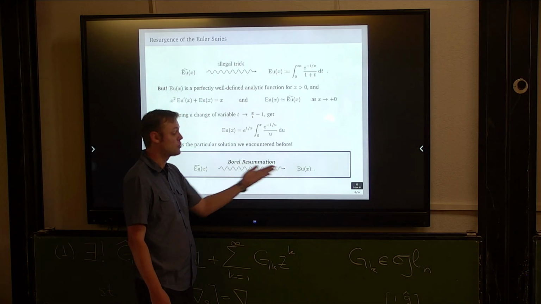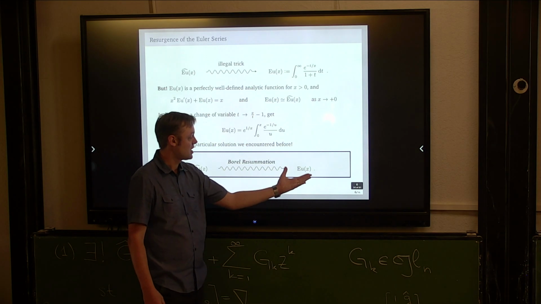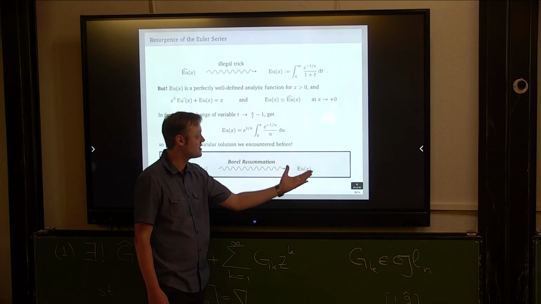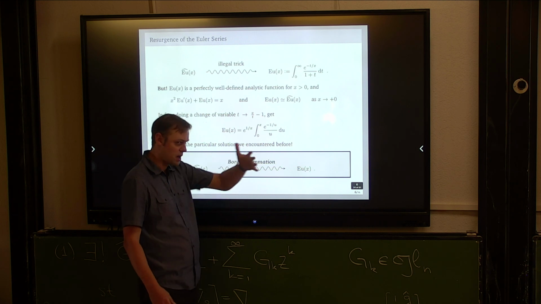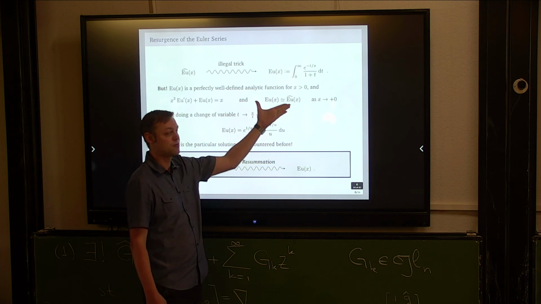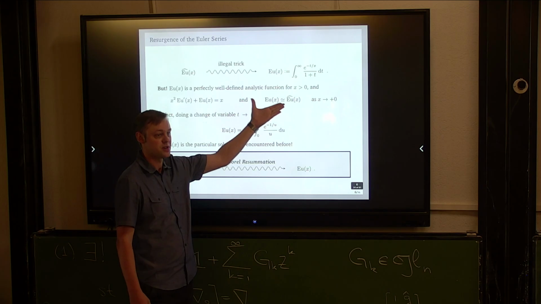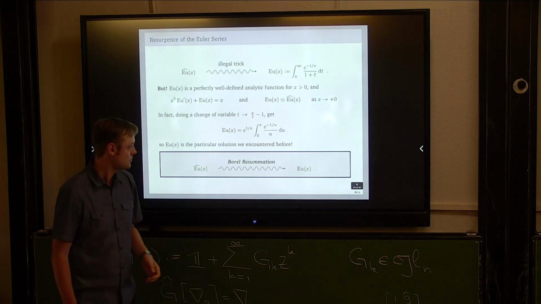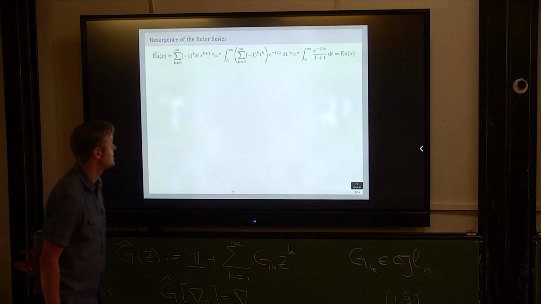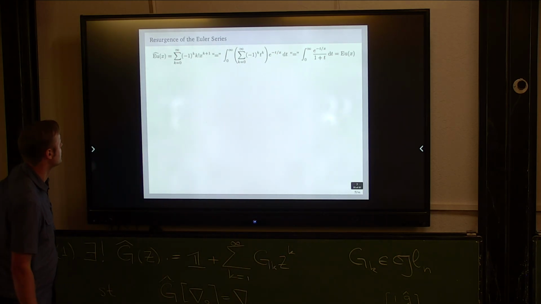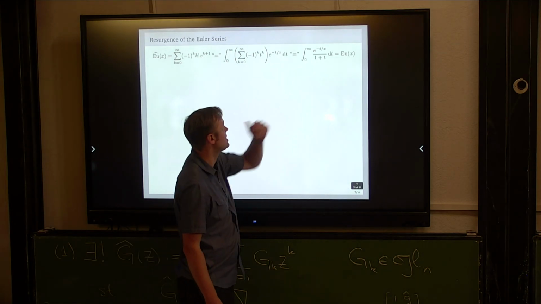And the output of this operation is an analytic function which has multiple properties. One of them being this relationship with the formal power series that I employed. So let me try to explain this in a little more detail. So this is the calculation. I just repeated the calculation here.